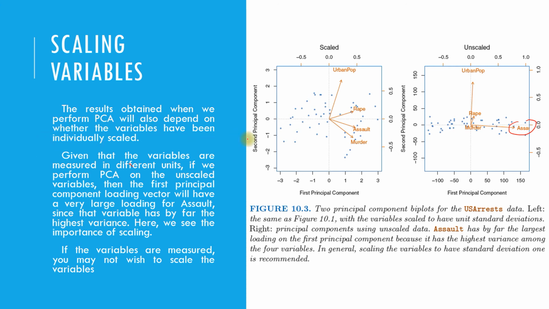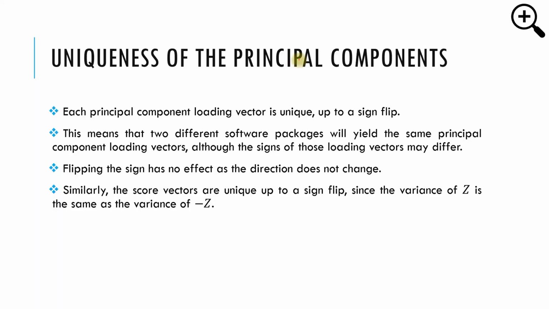But scaling is especially important when the variables are on different scales, right? This will avoid the type of issues that we saw here. So that's one of the things that you need to consider when you're doing principal component analysis.